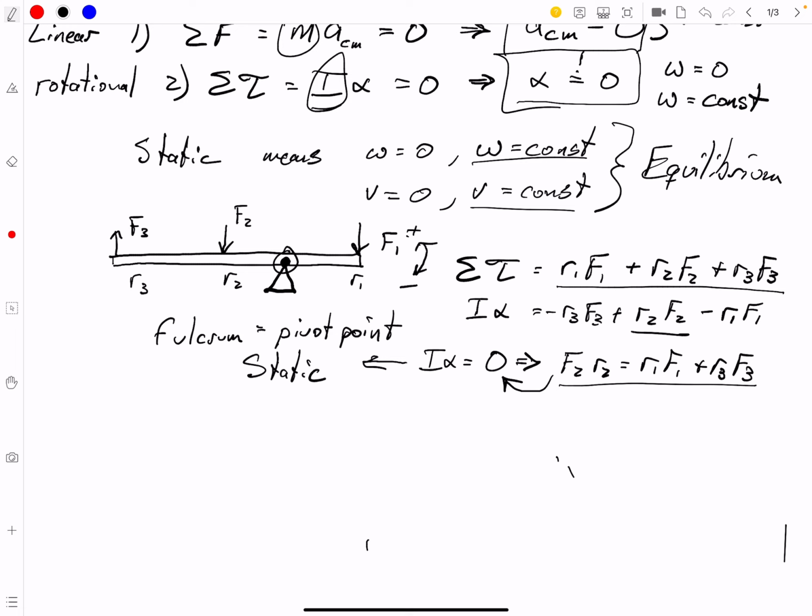Okay, but it might not. So I alpha could be not equal to 0, and then that implies we have a net torque that's not equal to 0.